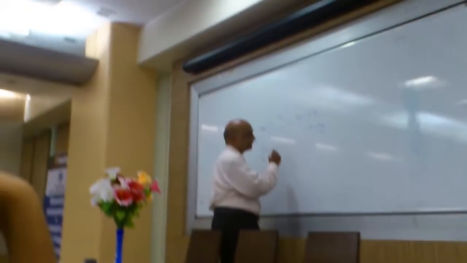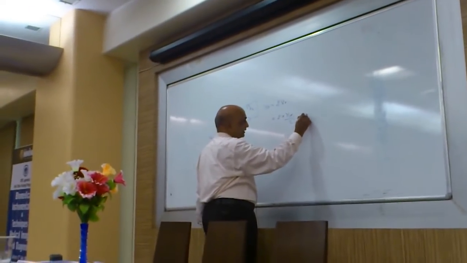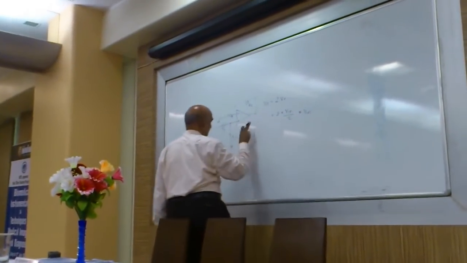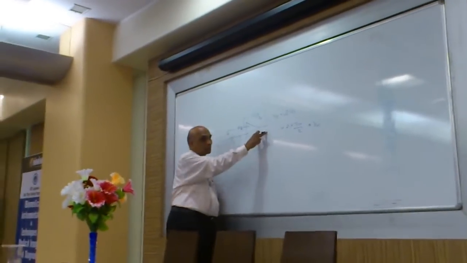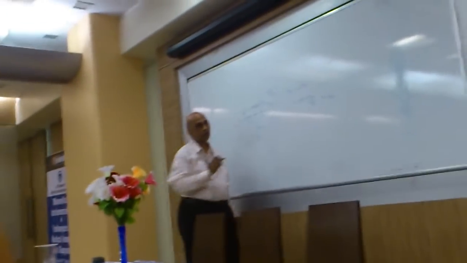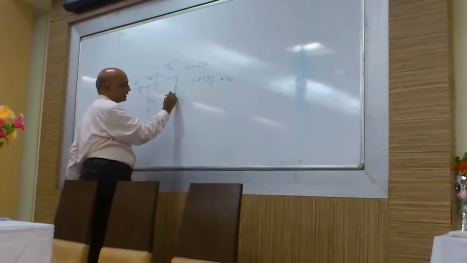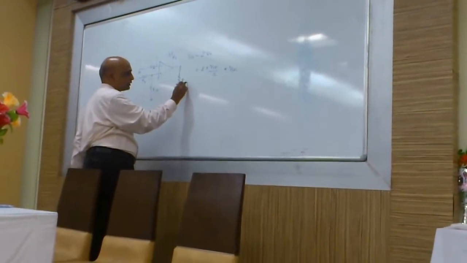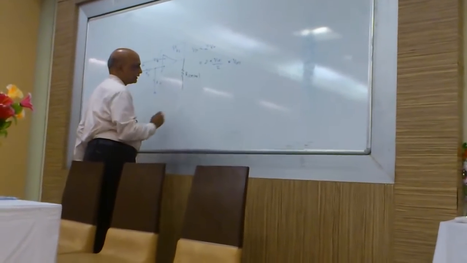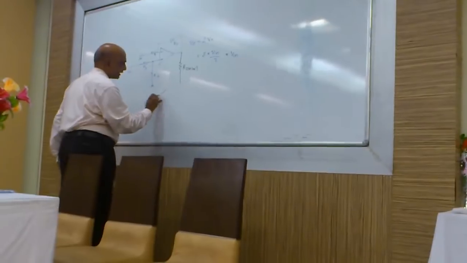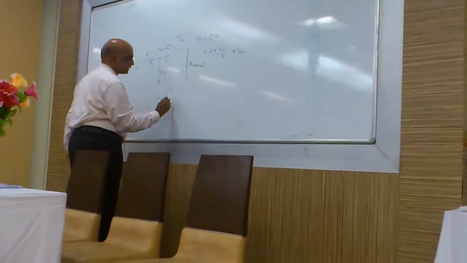Output is equal to V in. Is this clear? This output is the same as V in. Now I have got a resistor here. I'll call it R control. And I'll put a buffer circuit configuration.